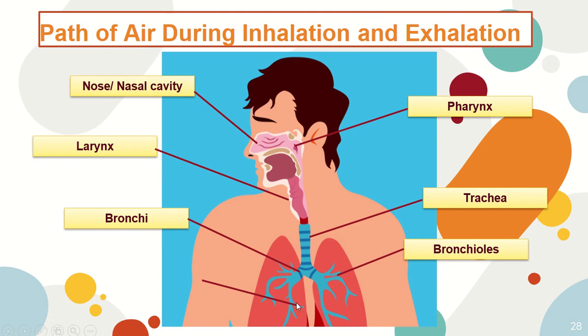At ito'y nangyayari on that capillaries. And what do you call that? Alright, that's correct. The air sacs are the alveoli. At ngayon, ilalabas na natin siya sa ating nose or sa ating mouth with the help of the diaphragm.